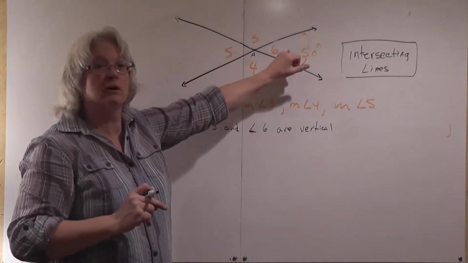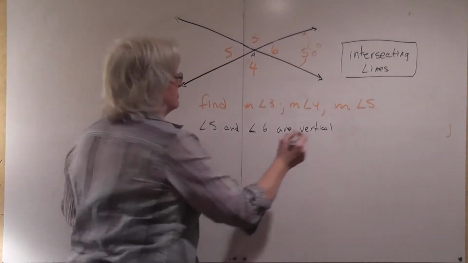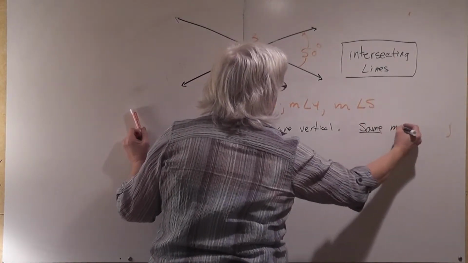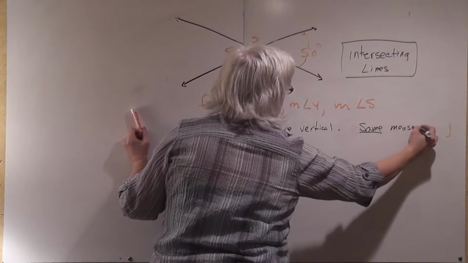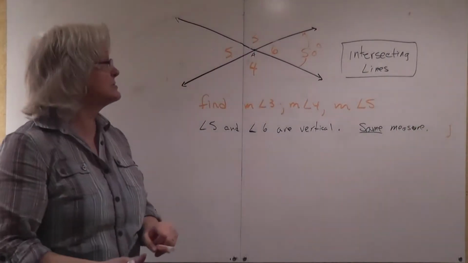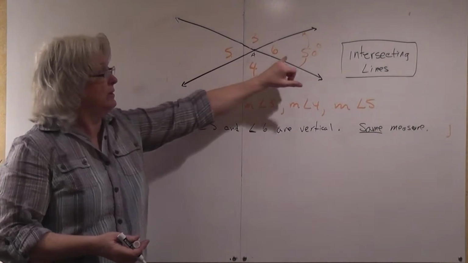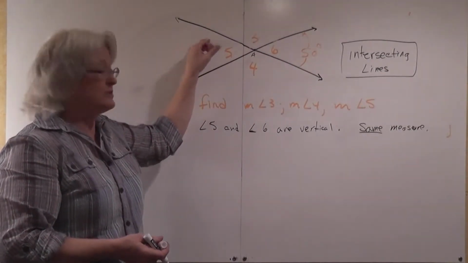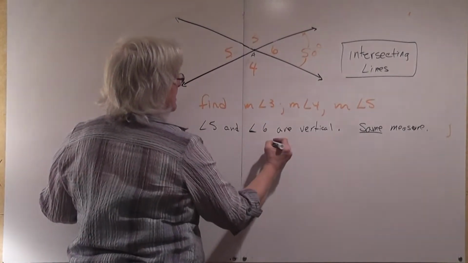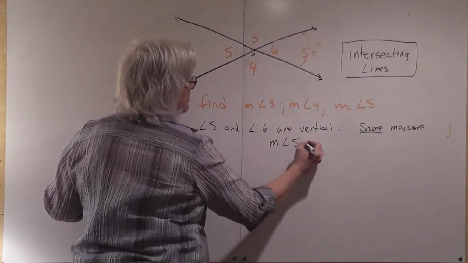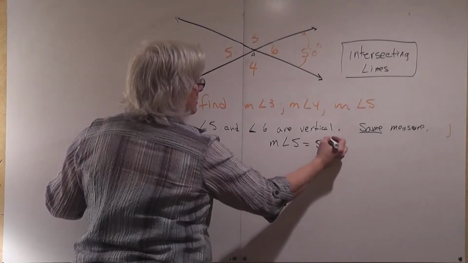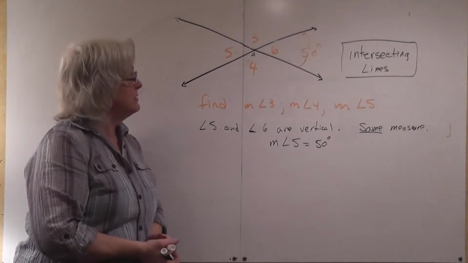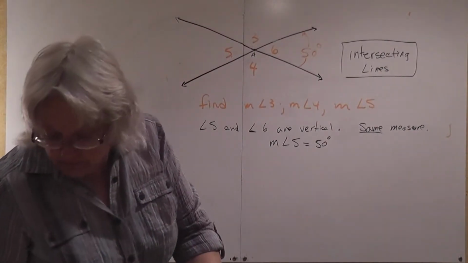Vertical angles have the same measure. So how does that help us? Well, we already know the measure of angle 6. Angle 5 is vertical, so the measure of angle 5 has to be 50 degrees also, correct? Now, what else do we know?